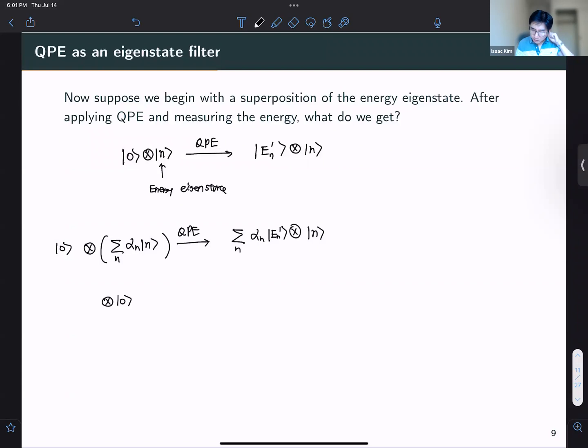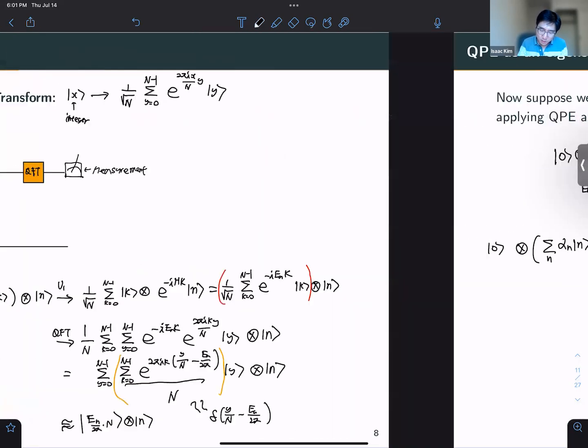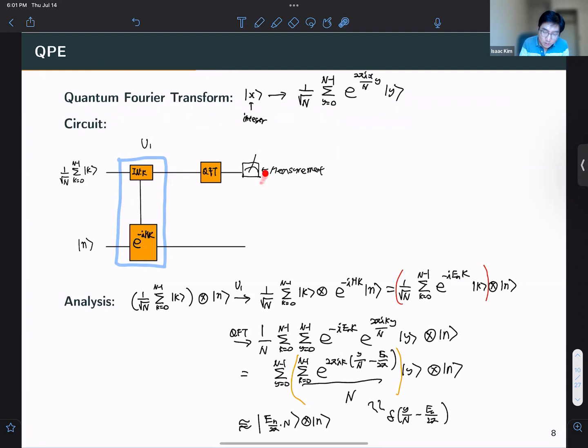So by linearity, this is what we're going to get. So in the final step, we performed a measurement, right?